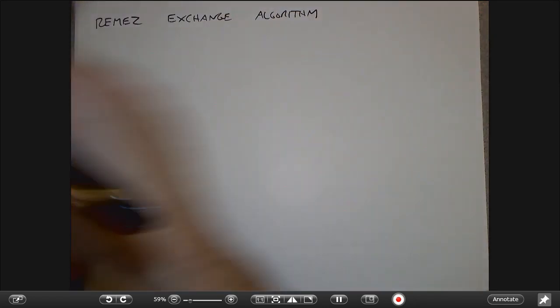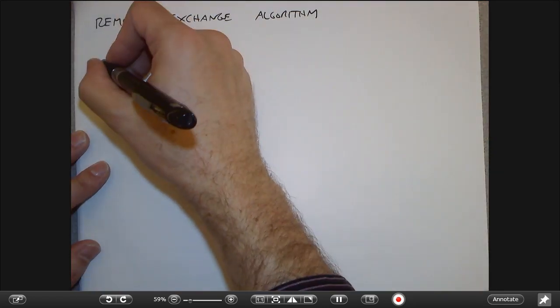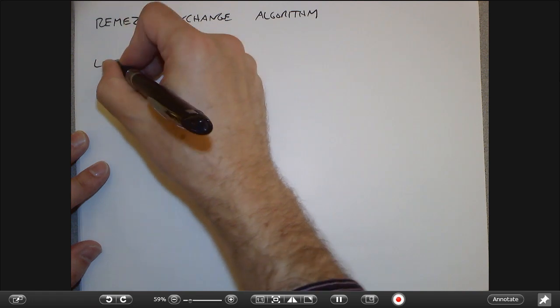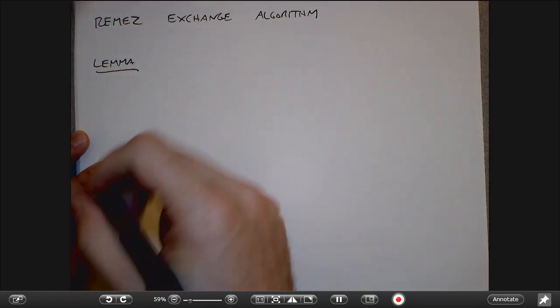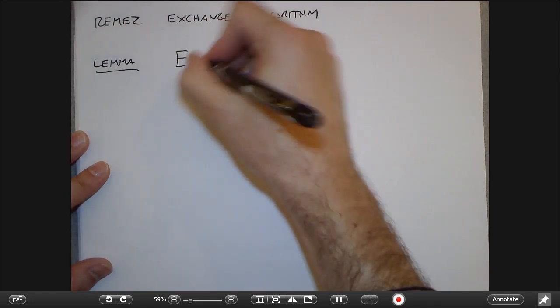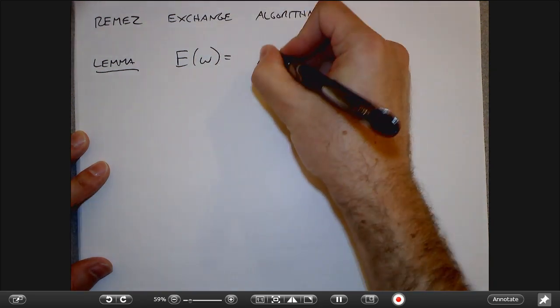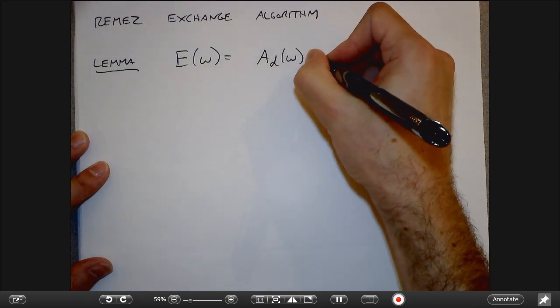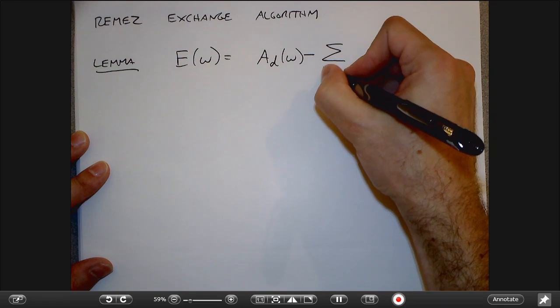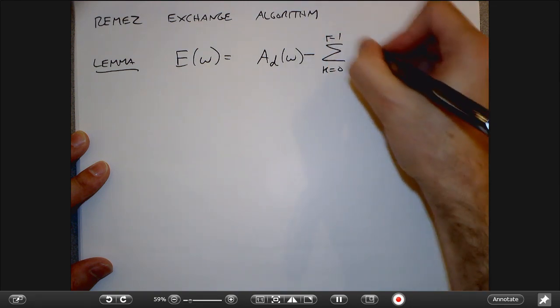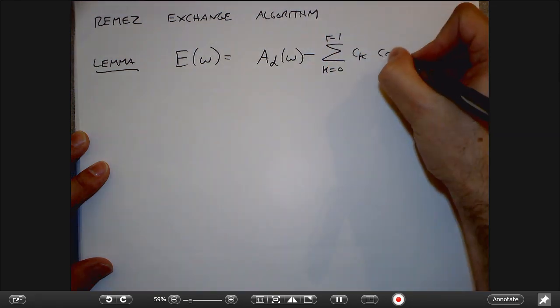So here is kind of a lemma, a baby theorem. If I look at my error, my error is defined as the difference between the desired frequency response and the sum of these R cosines.